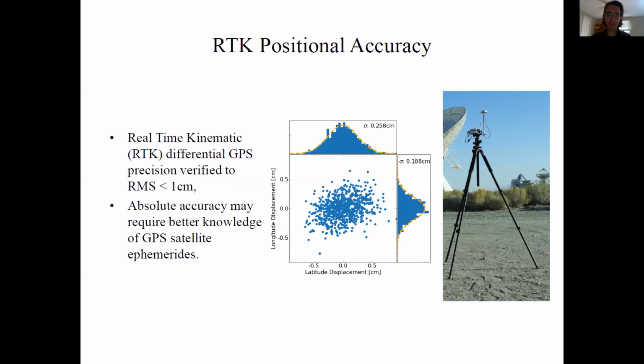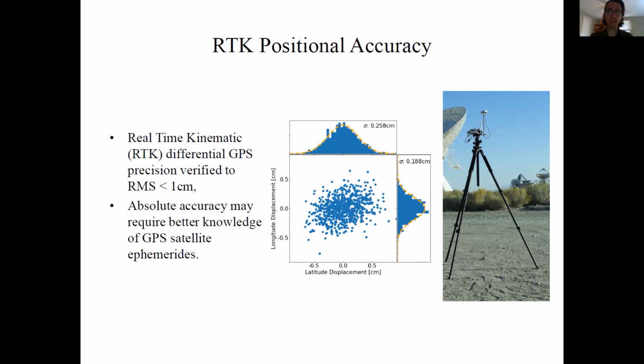And this is just a scatter plot of the drone sitting stationary on that survey marker, showing that we can measure the position very accurately. Getting the absolute position is actually a slightly different matter, and that requires you to use more information about the satellite ephemeris.